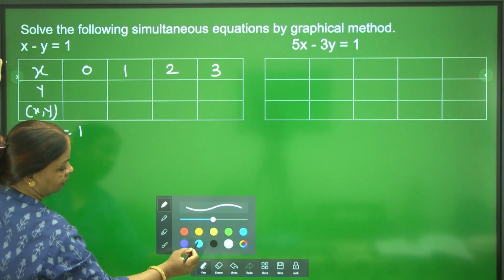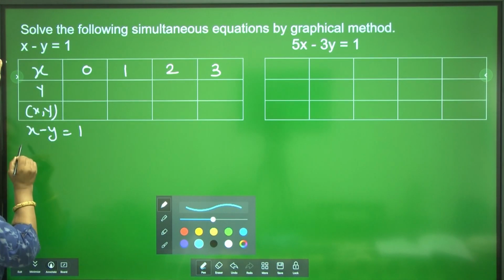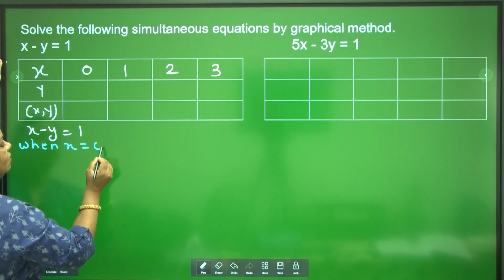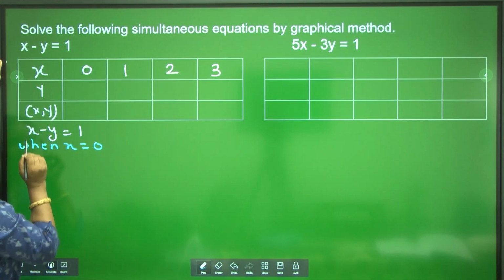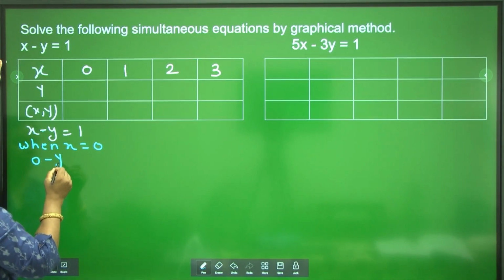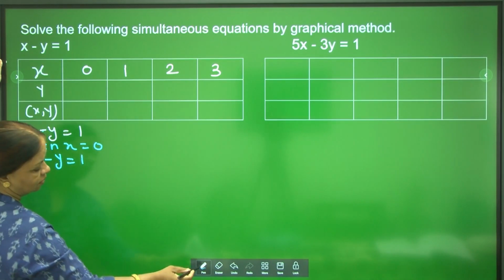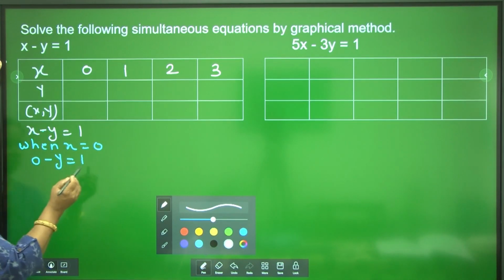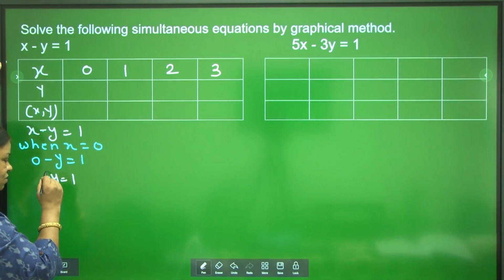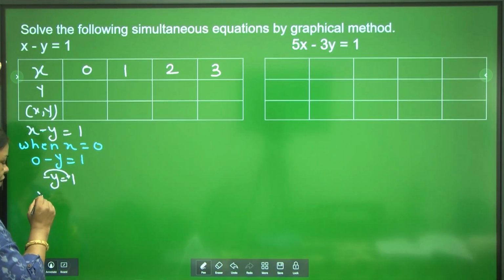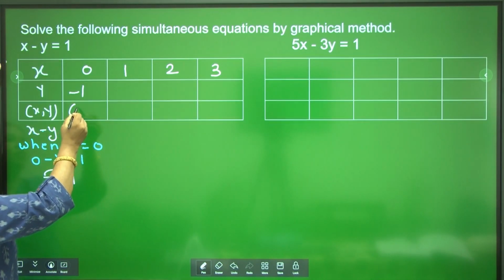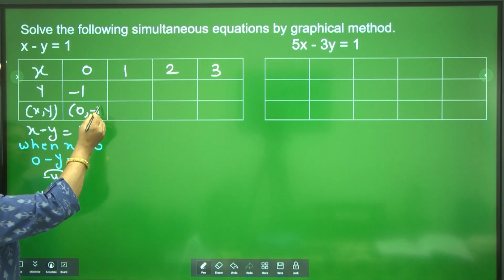When x is 0, place the value here, children, in place of x, 0. Then minus y is equal to 1, and now this minus will shift here. So what will be your y value? y will be minus 1 and your coordinate will be (0, minus 1).